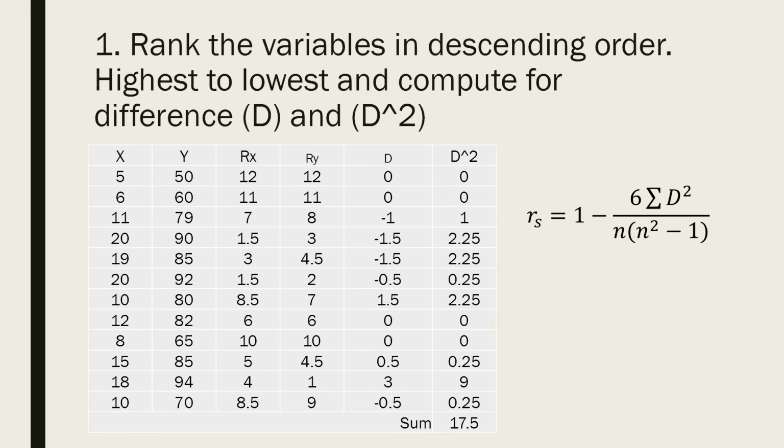If there are tied observations, kung may pareho po tayong observations like 85 and 85, we're going to rank them independently, but we're going to get the average of their ranks. So in this case, this would be rank 4 and 5. So binigyan po sila ng rank na 4.5 dahil in-average po natin yung ranks nila. Okay? So proceed with that, and all you have to do then is subtract or get the difference of the ranks.